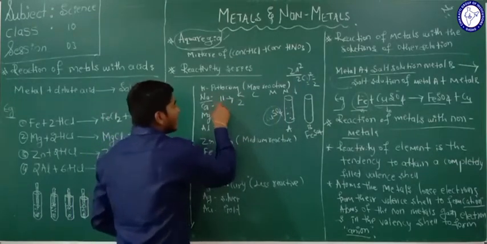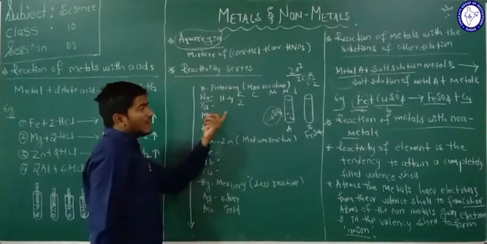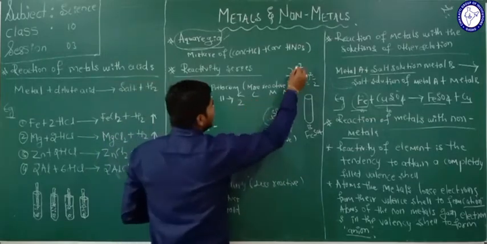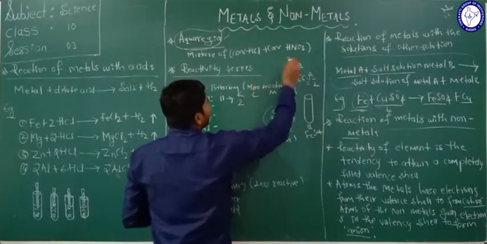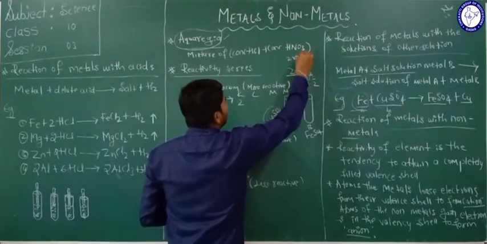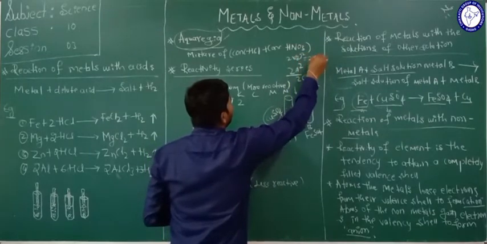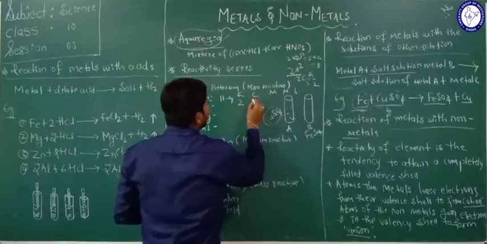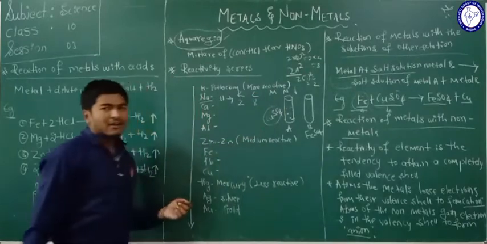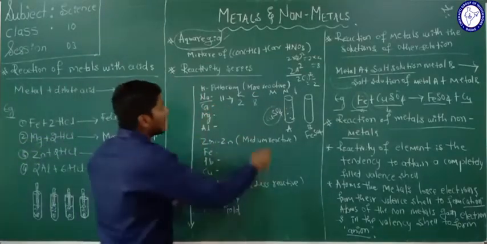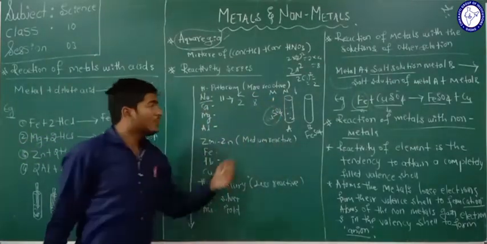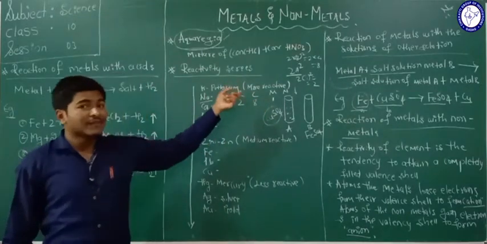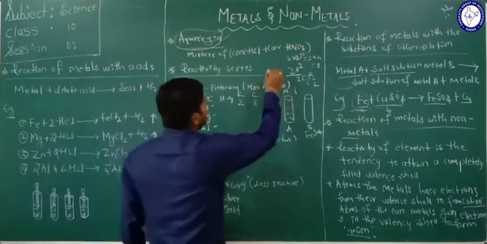Next, of the 11, 9 electrons are remaining. In the second orbit, that is L, 2 into 2 square, that is 2 into 4, which is equal to 8. In the L shell there are 8 electrons, but the remaining 1 electron will be in the M shell. The capacity of the M shell is 2 into 3 square.